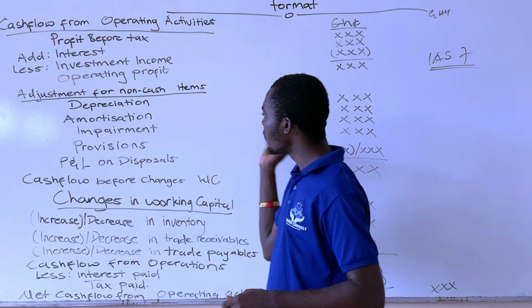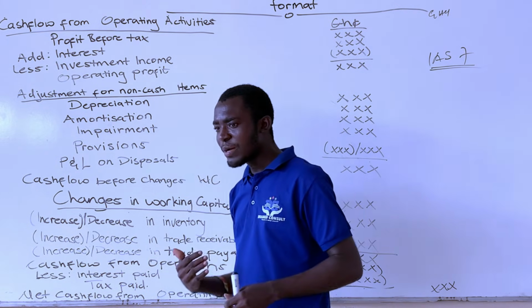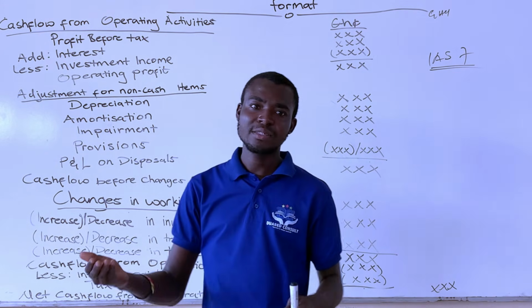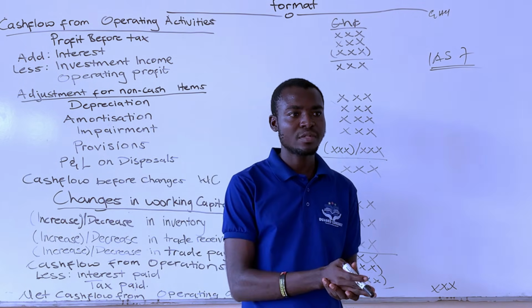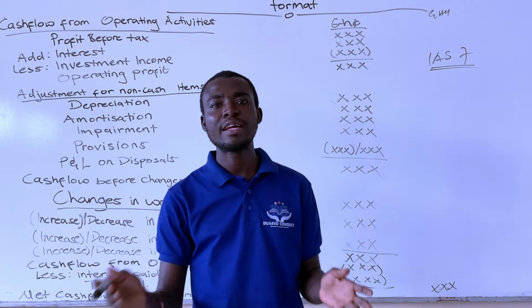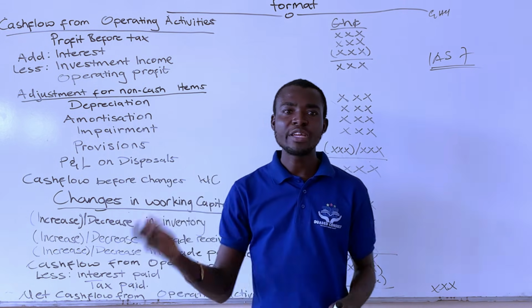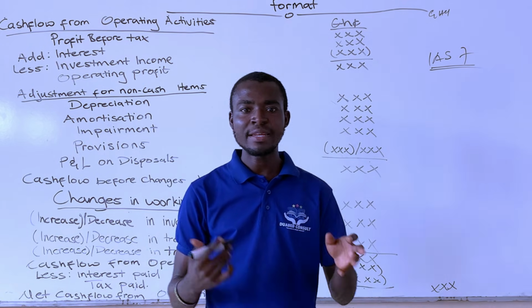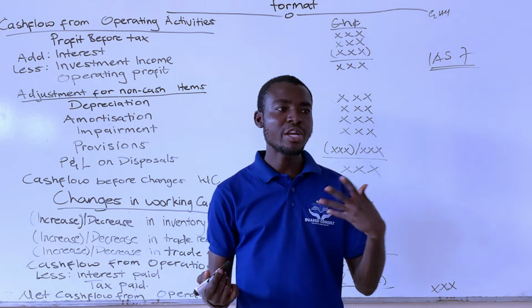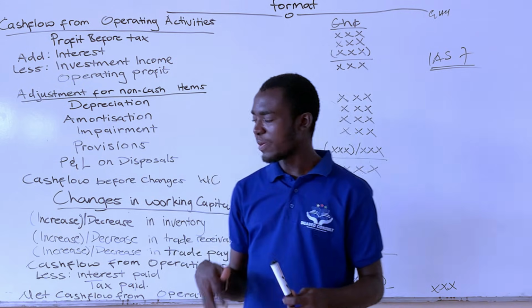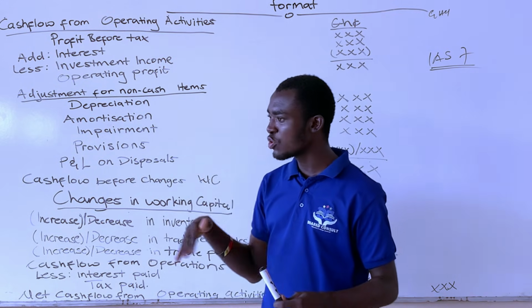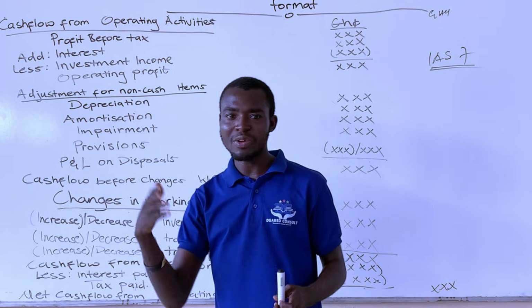Now when it comes to provisions, sometimes we make provision for bad debts. It is also in accordance with the prudence concept. So we are assuming that some of the debtors might not be able to settle the full amount that they are owing us. So we make provisions for them, which means that provision also doesn't involve movement of cash.